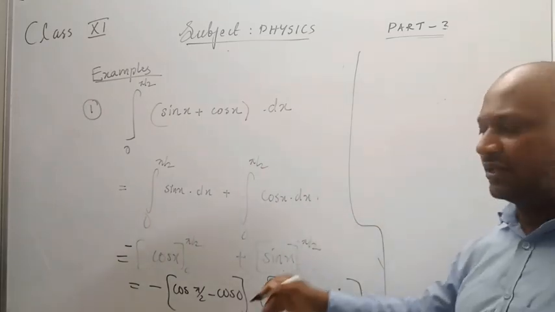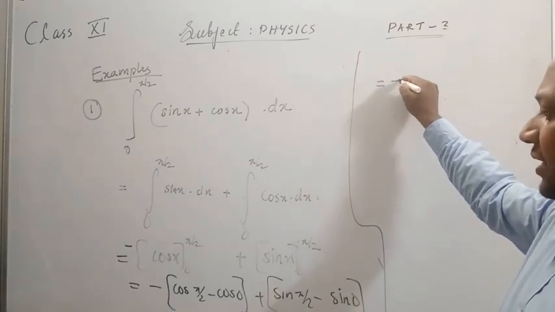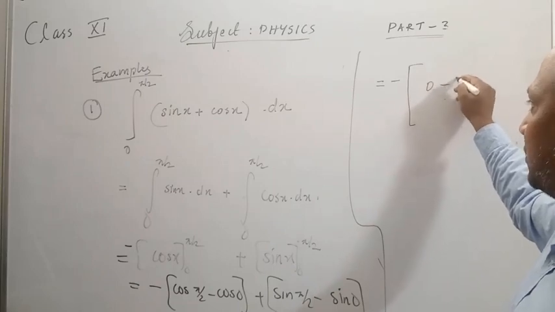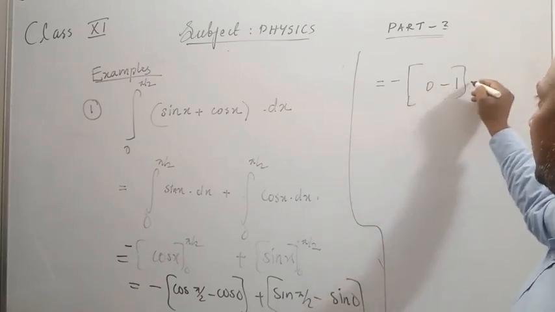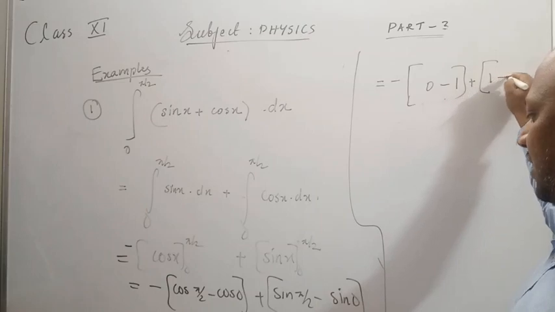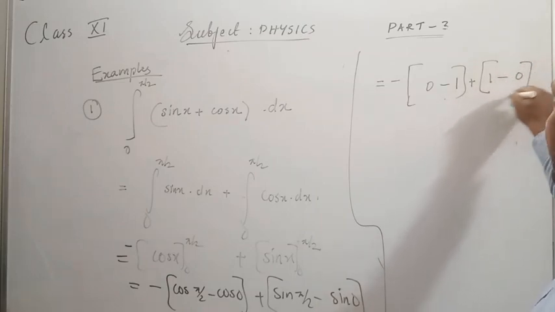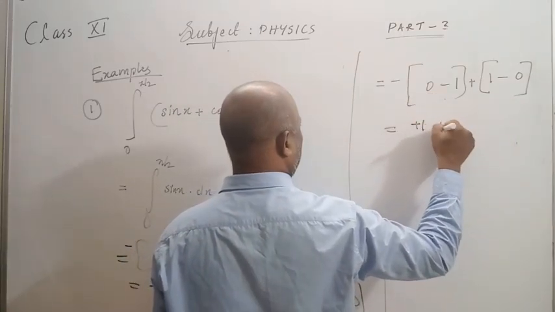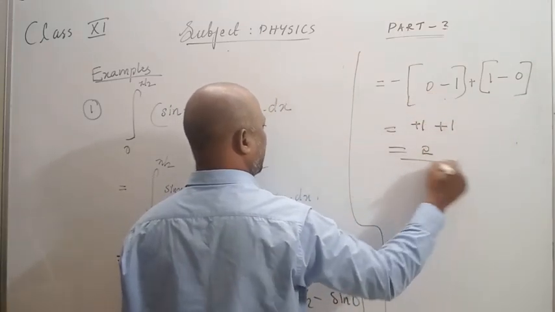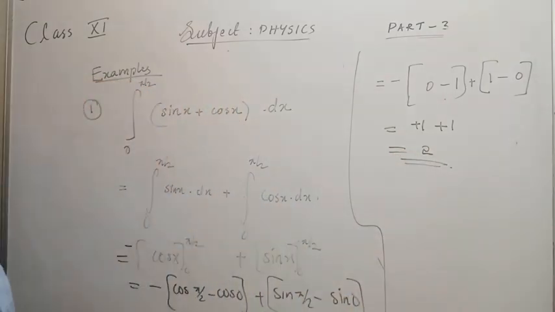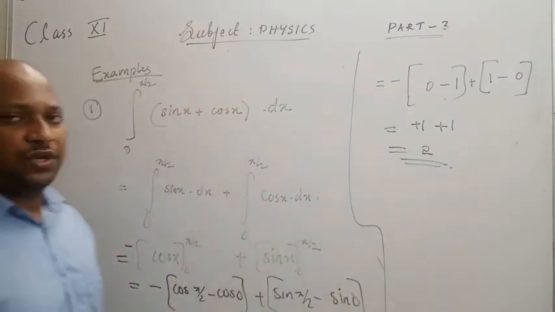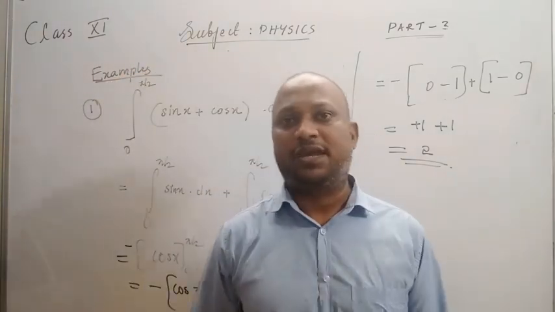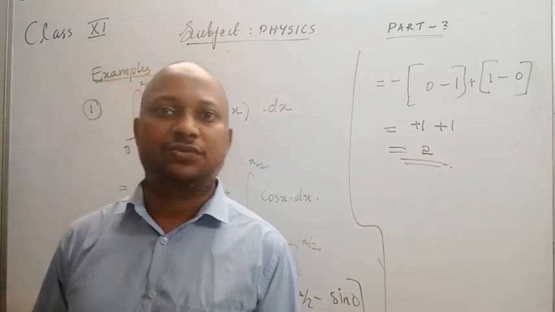By using the trigonometrical method, you can understand that cos pi by 2, which is cos 90, is 0 and cos 0 is 1, plus sin pi by 2 is 1 and sin 0 is 0. So getting minus into minus 1 plus 1 plus 1. The final answer is 2. So the integration from 0 to pi by 2 of sin x plus cos x dx is equal to 1 plus 1. The answer is 2.